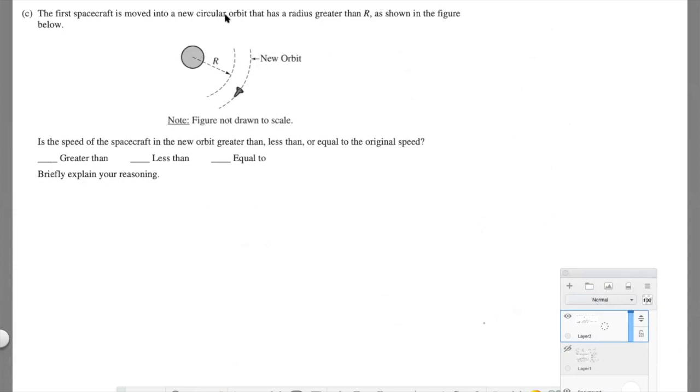The first spacecraft is moved into a new circular orbit that has a radius greater than r, as shown in the figure below. So now they've increased the radius, and this is the first spacecraft, mass m.